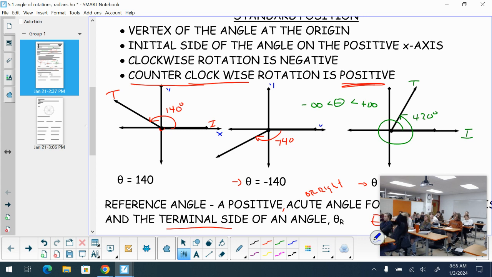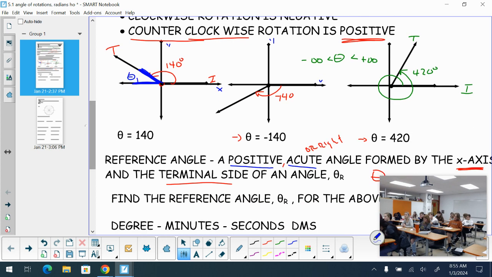So we need to be positive and we need to be acute, or right. So we look at the x-axis and the terminal side. It doesn't say the positive x-axis, just the x-axis and the terminal side. This here is our reference angle, theta R.